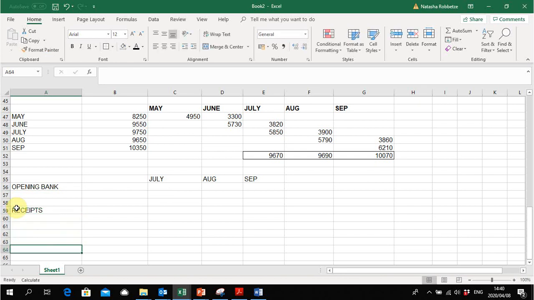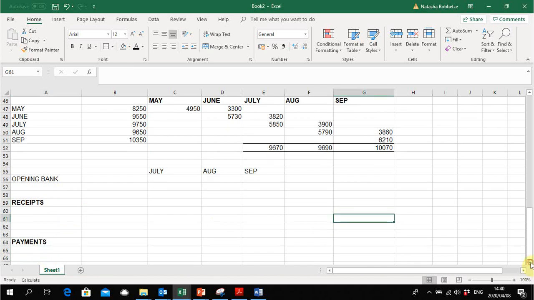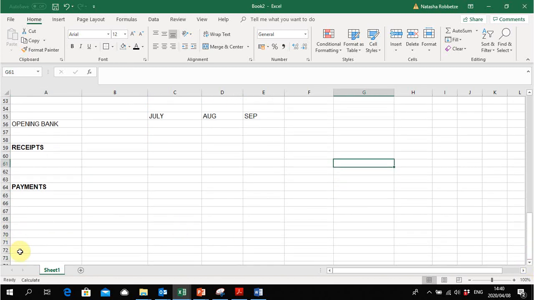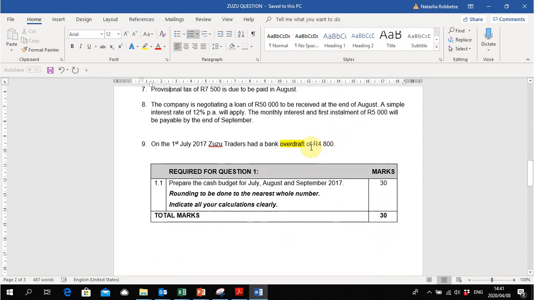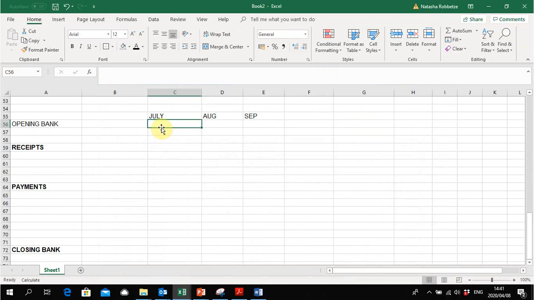And we will also have a number of payments. Bold that, and then we have closing bank. I believe that we were told that our closing bank is an overdraft of 4,800, our opening bank, I beg your pardon.